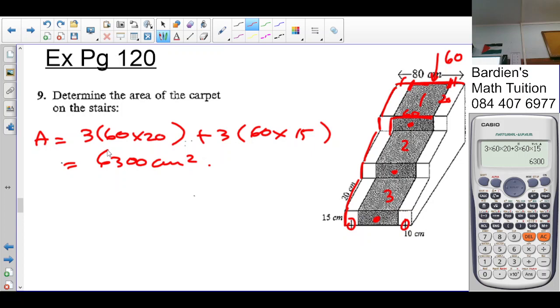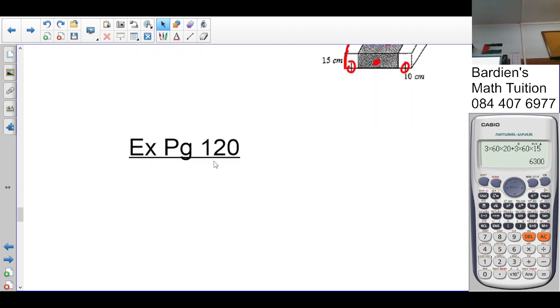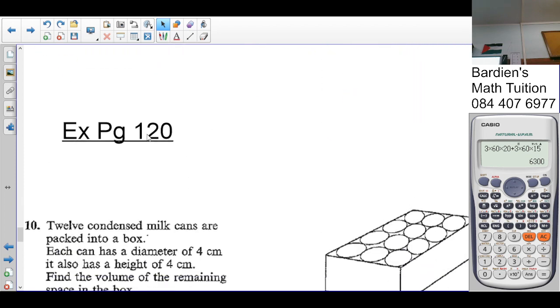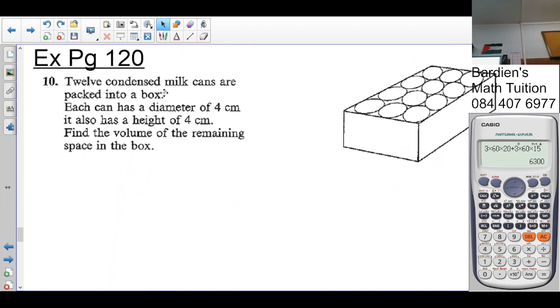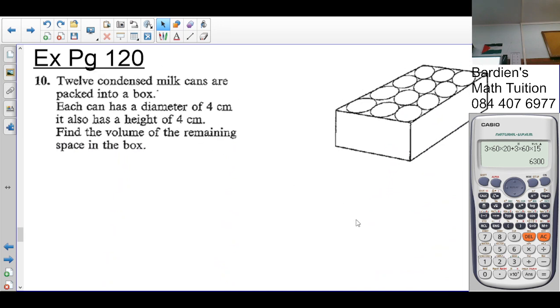Okay. Last one. Number 10, sorry. Condensed milk. We spoke about the condensed milk in the grade 8 syllabus, no? You all said you know what it is and what it tastes like, no? You drink condensed milk?